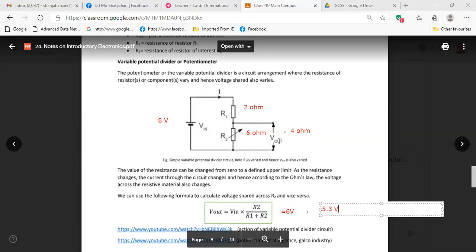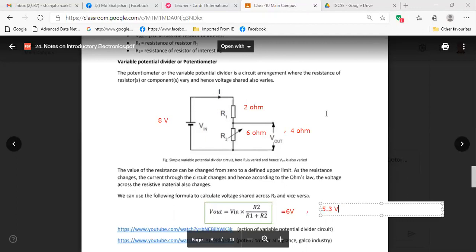Now, for example, in this context, you are getting the output across R2. But there you will get some context where you will get the output across R1. That time you have to calculate with R1. Is it clear?